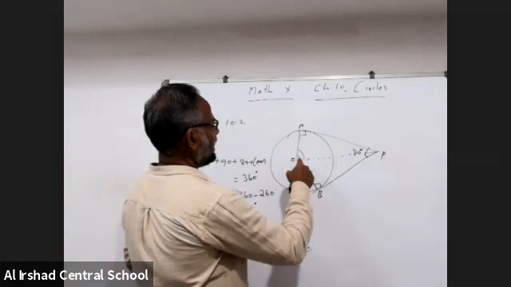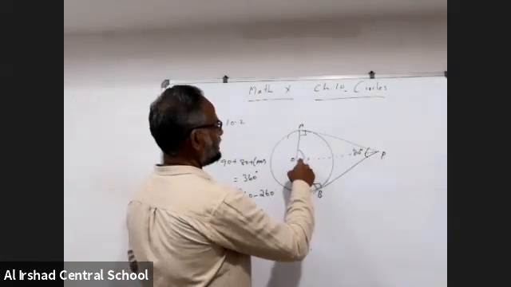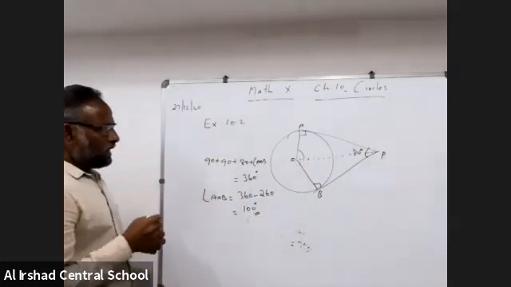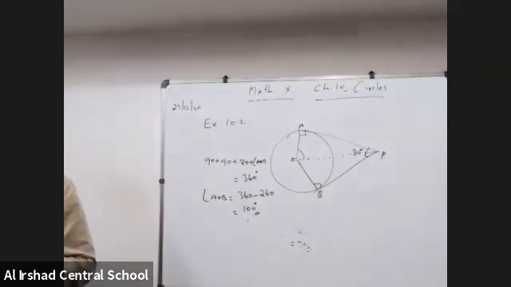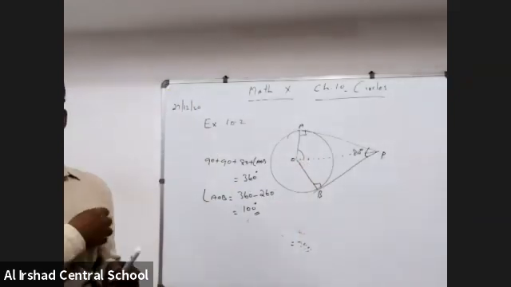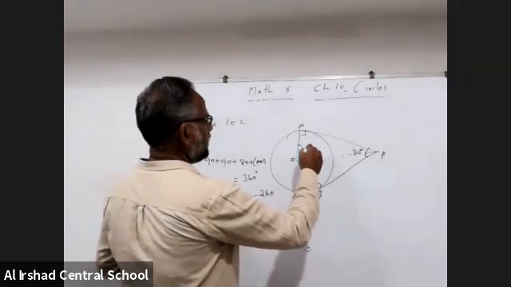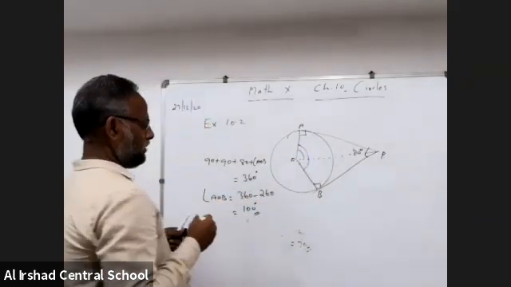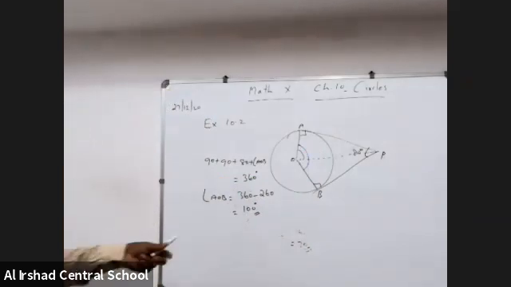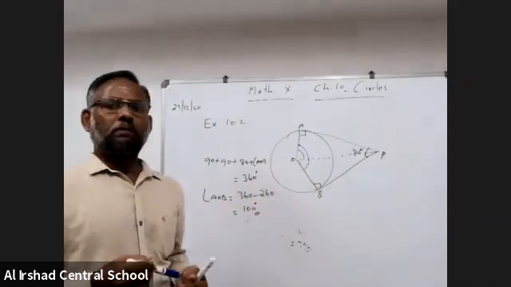That means I am marking this. Listen here, AOP. We found AOB, marked in blue color, and we got 100 degrees. Now how can we find out AOP?